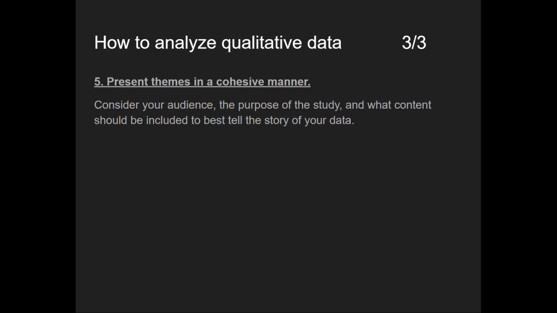You need to think about who your audience is, the purpose of the study, and what content should be included to best tell the story of your data. So you need to make sure that you interpret the information cohesively, and that the manner in which you present the information can be understood.